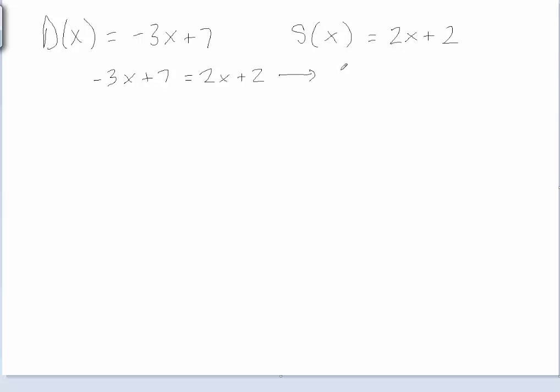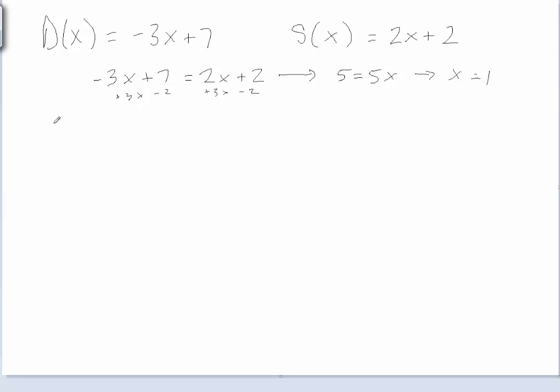So doing a little bit of algebra, we add 3x, subtract 2 on both sides, and so equilibrium quantity ends up being 1.